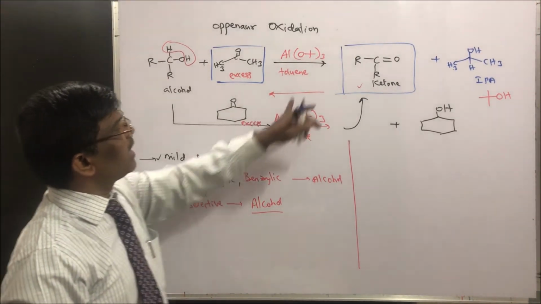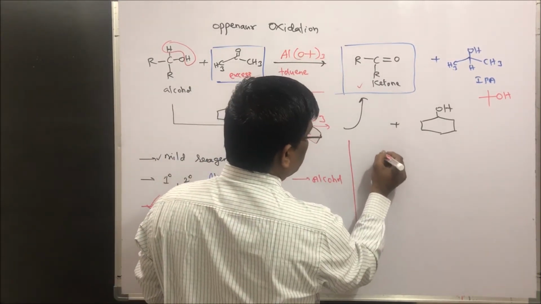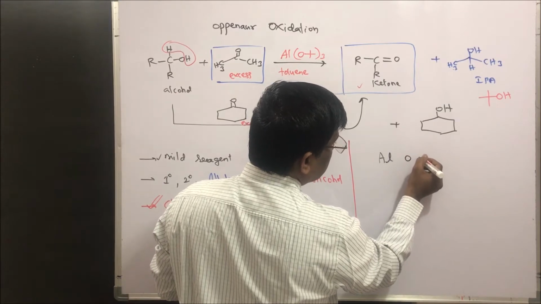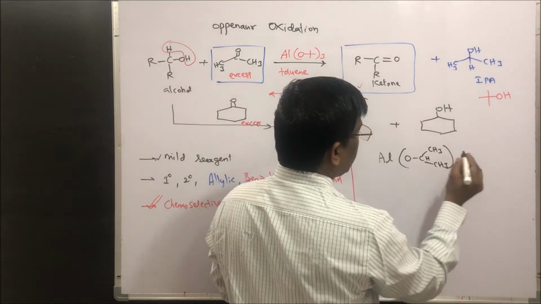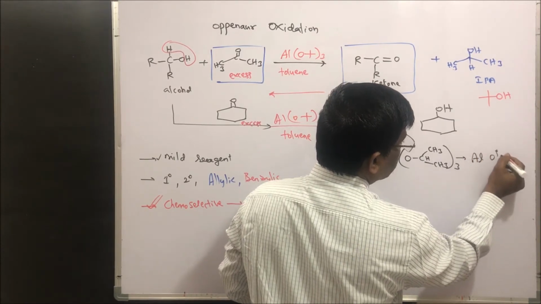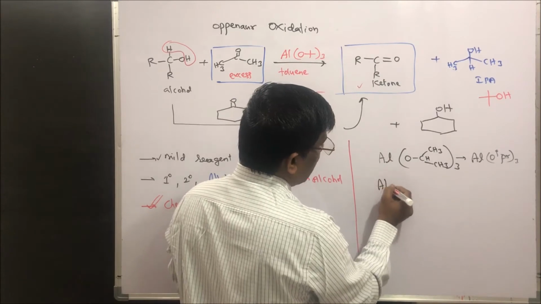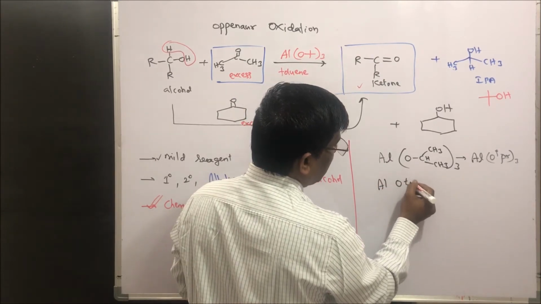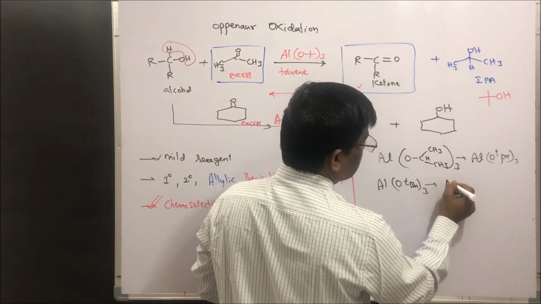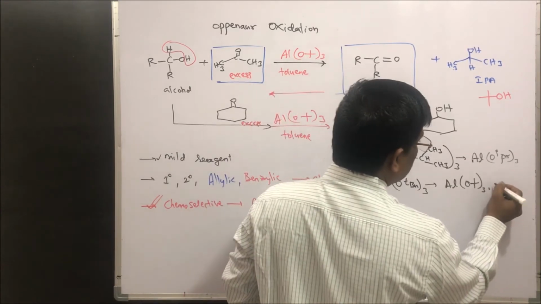When it comes to the reagent, what are we using? Usually you can use aluminium isopropoxide, which is nothing but aluminium O-isopropyl group taken three times, or you can use aluminium tertiary butoxide.